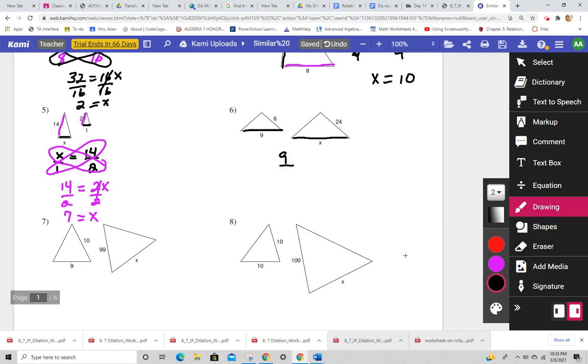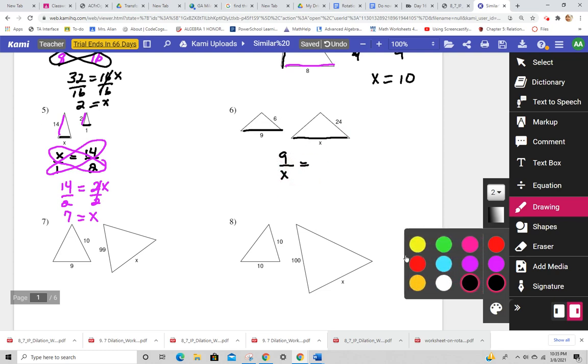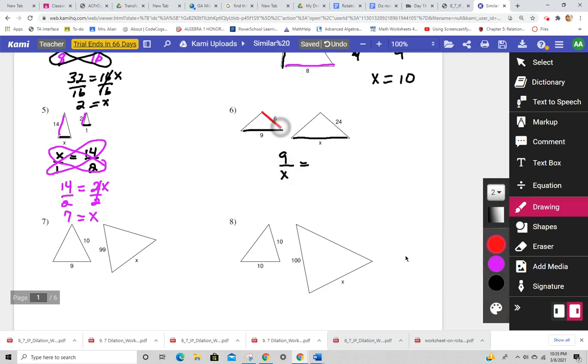So 9 over x, and these are two corresponding sides, 6 over 24. Divide both sides by 6. And x equals 36.